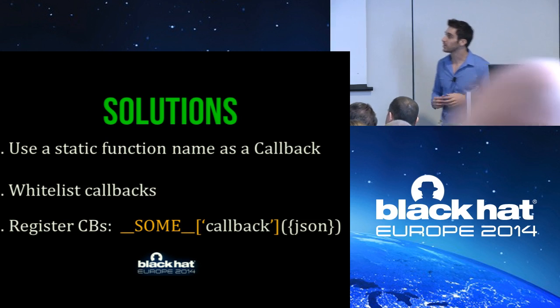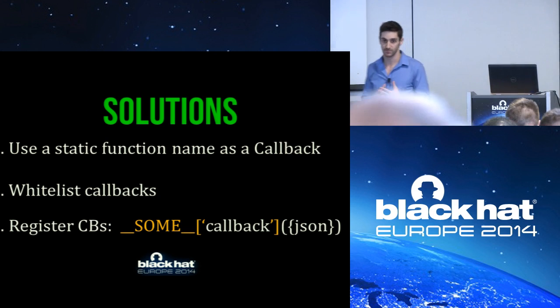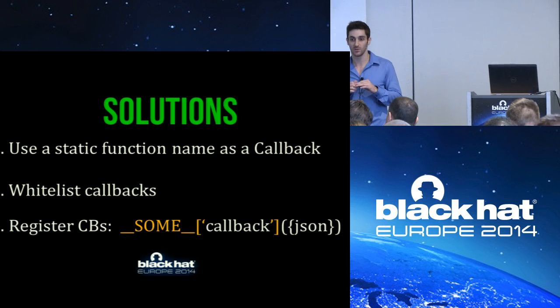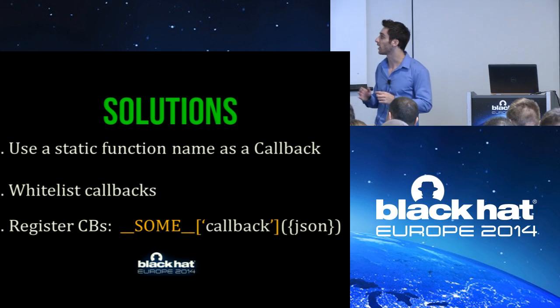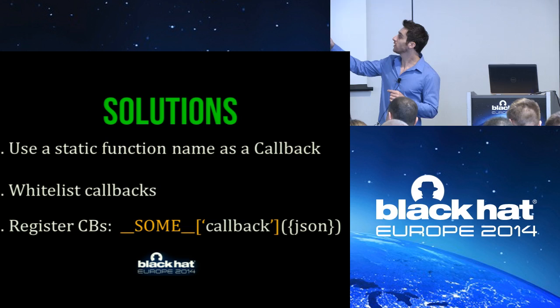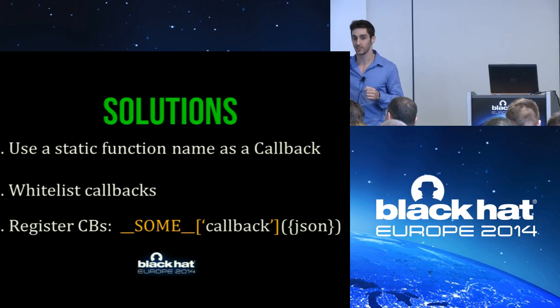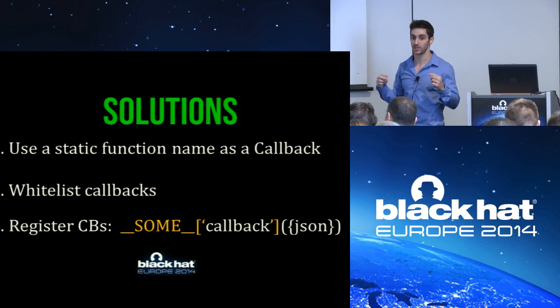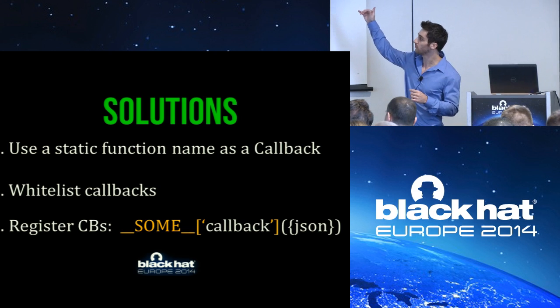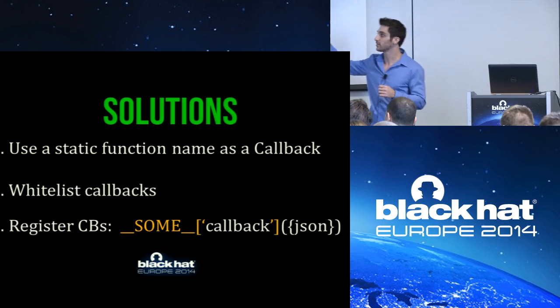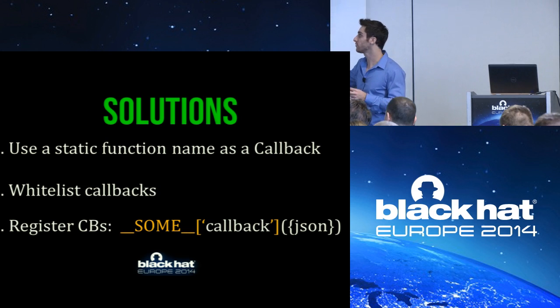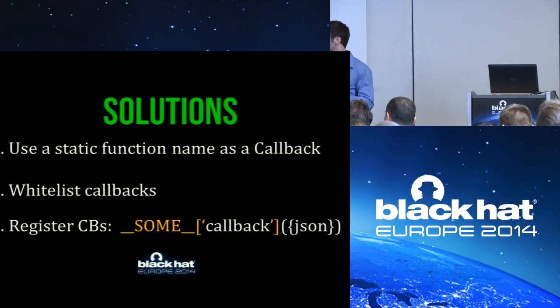So you can make a global object using JavaScript in your main web page, and you say, okay, I'm registering callbacks in a way that only if this callback value exists in the global object, it would have a function declared, and we'll call that particular function. So that if people control the callback parameter, they cannot execute any function other than these registered functions.